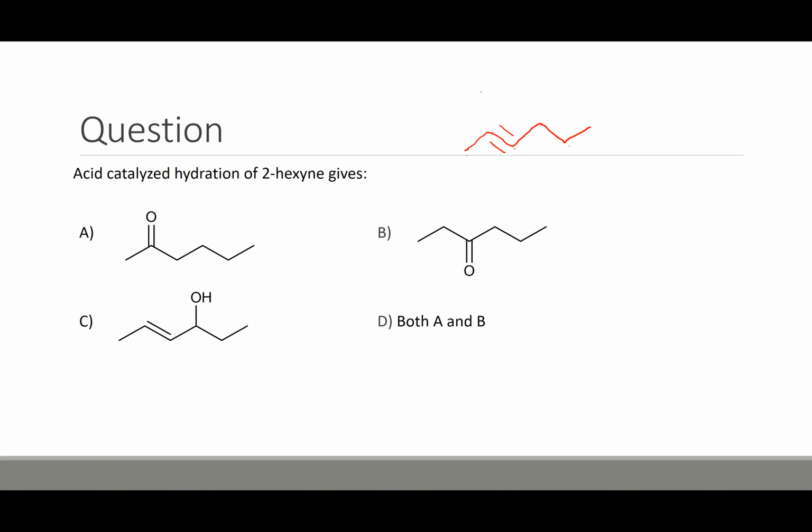Now, along this triple bond, actually, each side is equal. You'll notice this side or this side are both the same as far as substitution. So you could add on either position, and then that position will become the ketone.